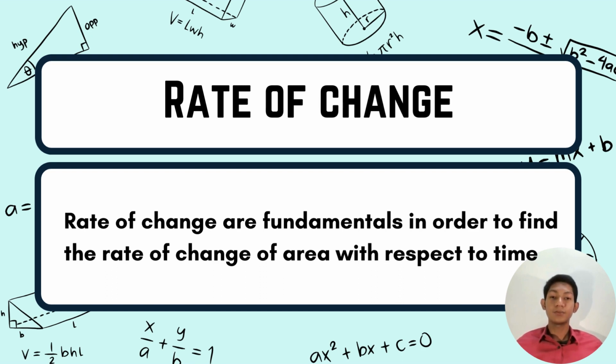Mathematically, you can find the rate of change by calculating the derivative of a function, if you have a function that represents the relationship between two variables like distance and time. The derivative of the function tells you how the output variable, that means distance, changes with respect to the input variable, time.